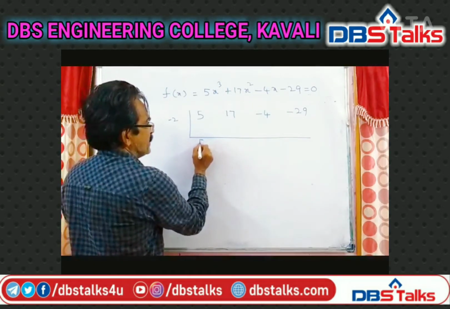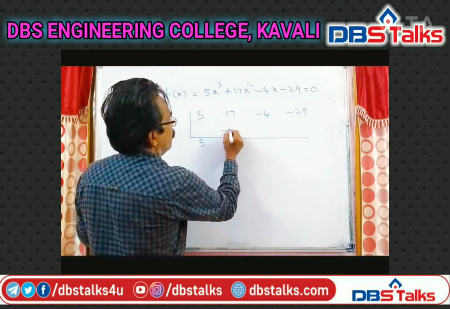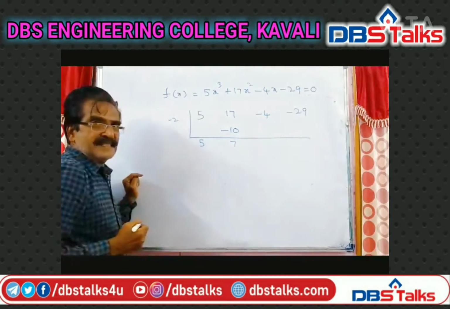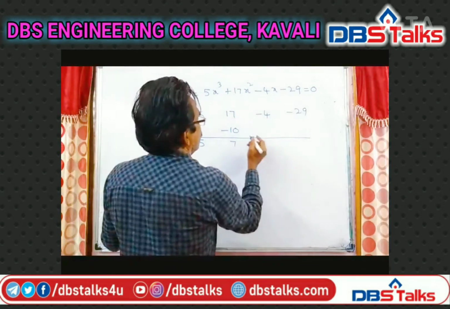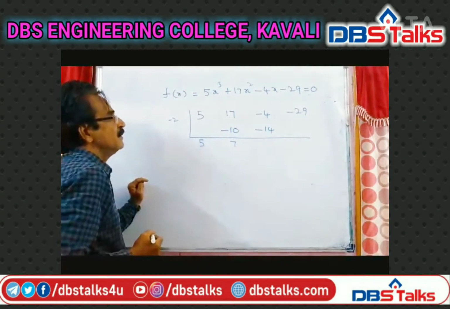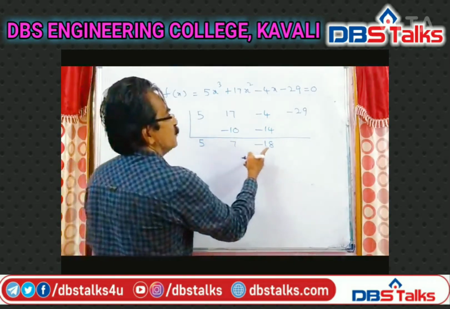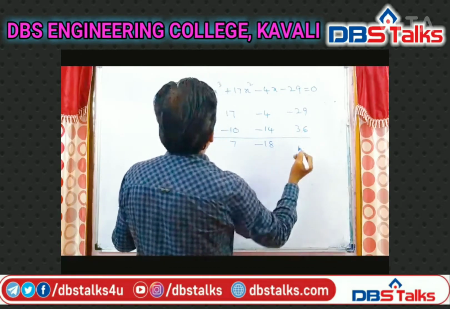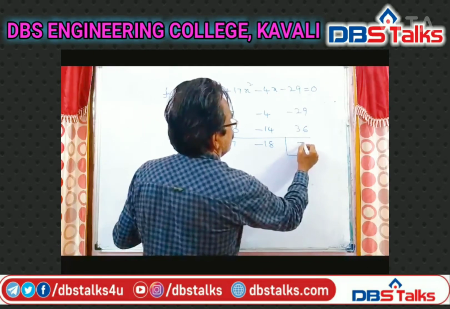5 as it is, minus 2 into 5 is minus 10, 7. Minus 2 into 7 is minus 14, minus 18. Minus 2 into minus 18 is 36.